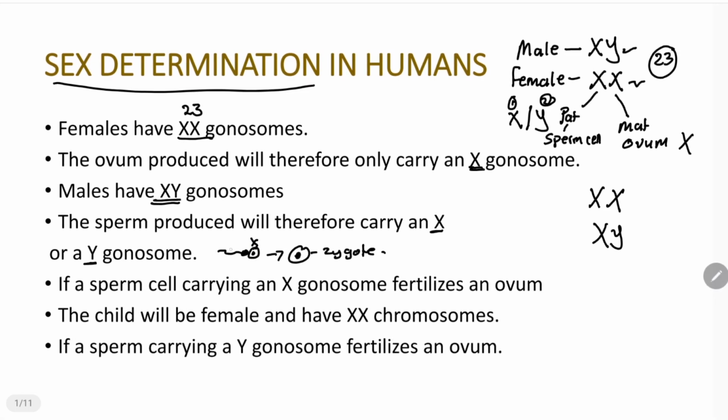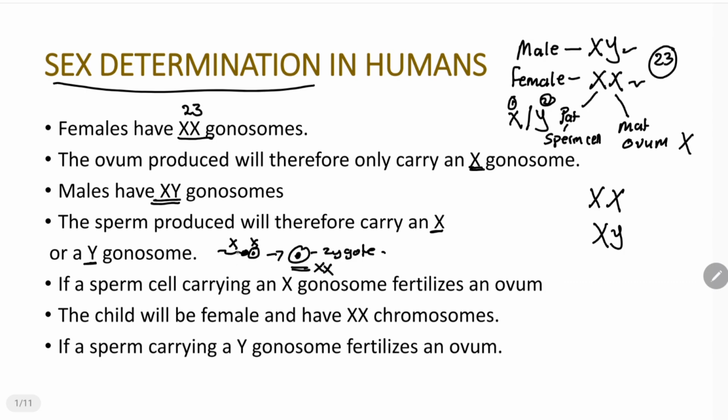But let's say this sperm cell now is carrying an X chromosome. So when fertilization occurs here, the chromosomes in this zygote are going to be XX. And if the chromosomes in this zygote are XX, it tells us that this zygote is going to develop into a baby that is a female.